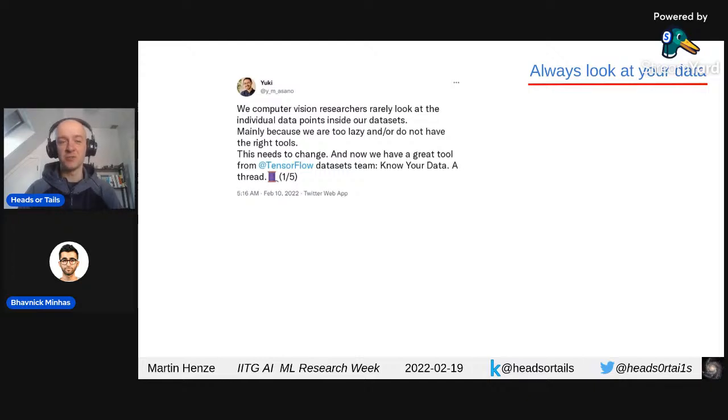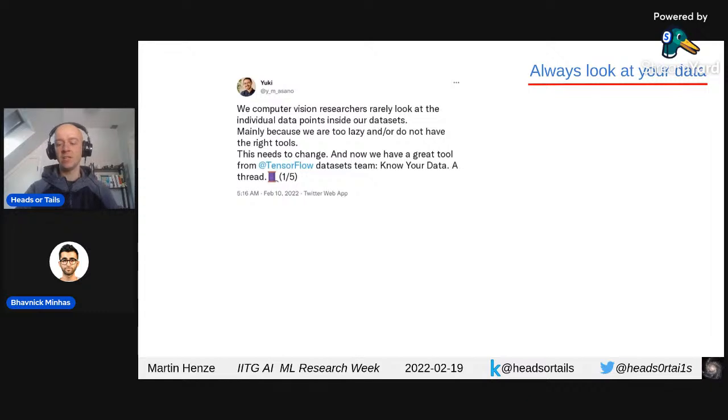at least some of it is useful, is this post here by someone who points out that computer vision researchers rarely look at the individual data points, right? Maybe too lazy, maybe don't have the right tools. But now there is a tool, and he promotes this tool from the TensorFlow team called Know Your Data.